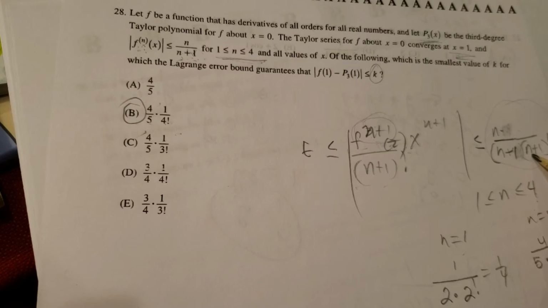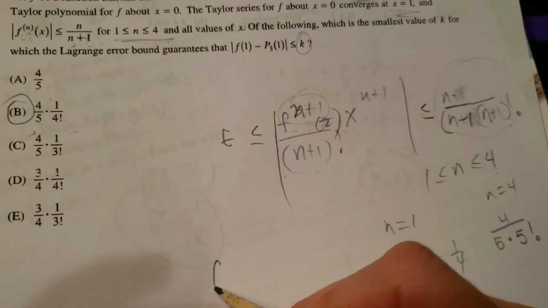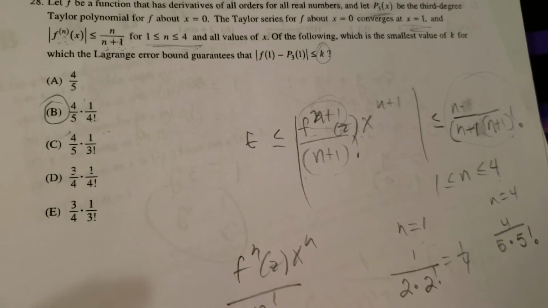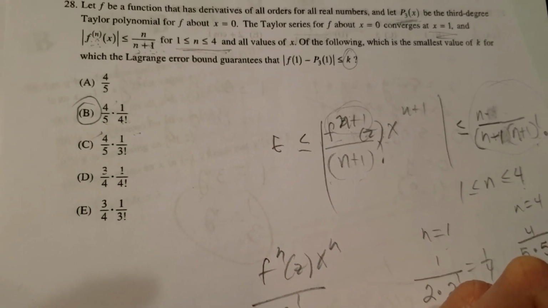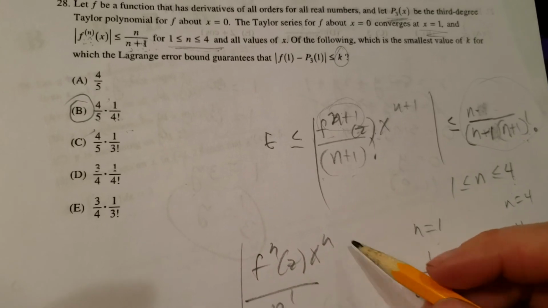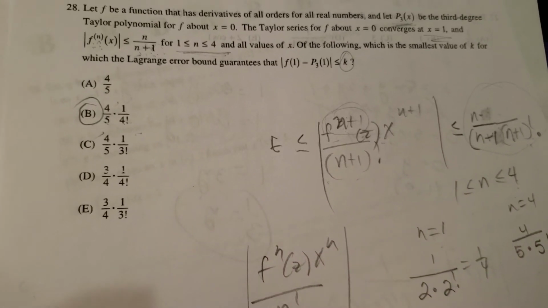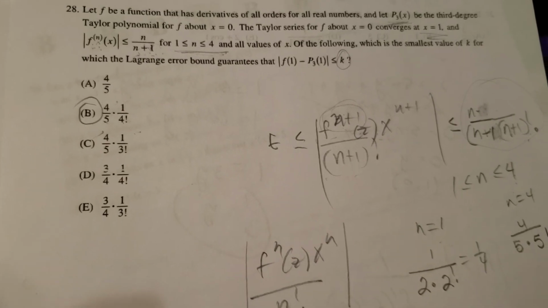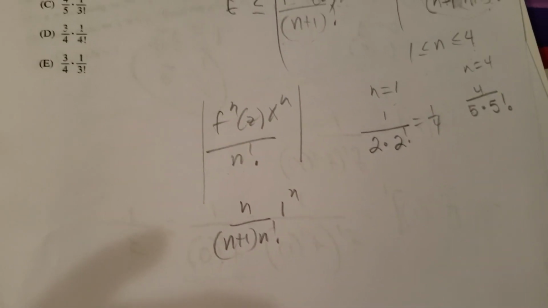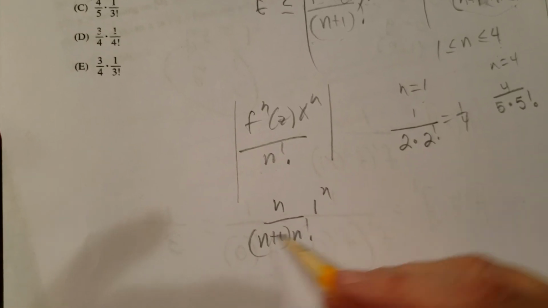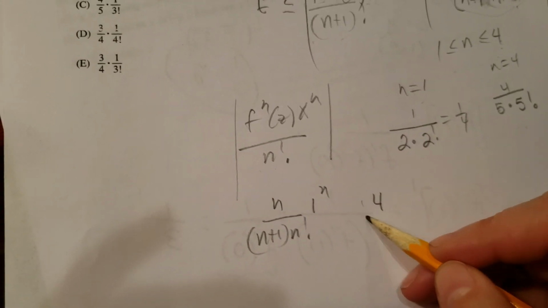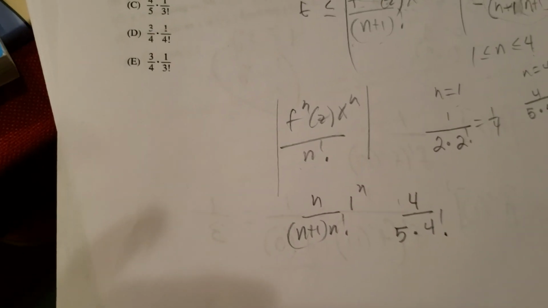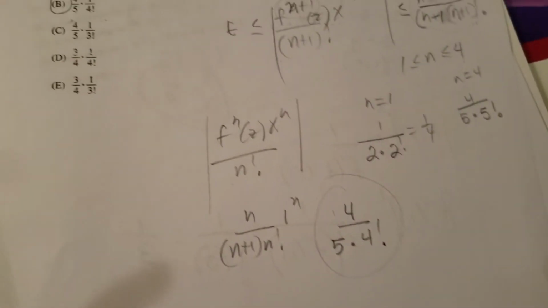So if we left it as f to the n, x to the n over n factorial, then it would be n over n plus 1 times n factorial times 1 to the n. And then at n equal to 4, it would be 4 over 5 times 4 factorial, which would be this. I guess that's what they did.